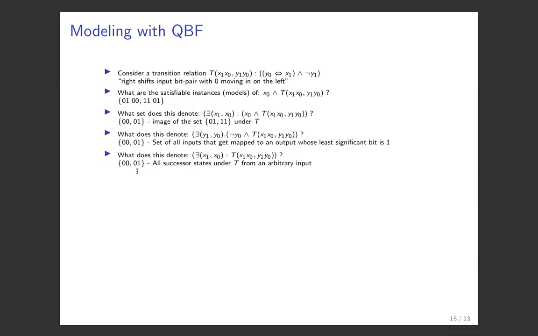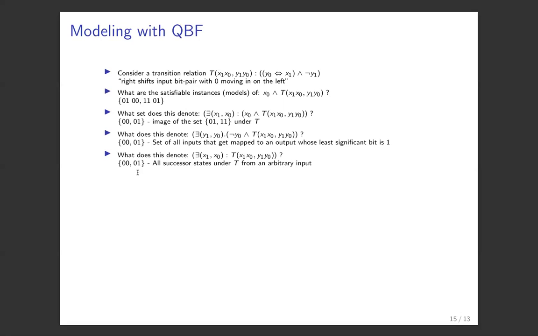So if the start state is 0 0, then your output will be 0 0. The start state is 1 0, your next state will be 0 1. If it is 1 1 also, that gets mapped to 0 1. If it is 1 0, it gets mapped to 0 0.